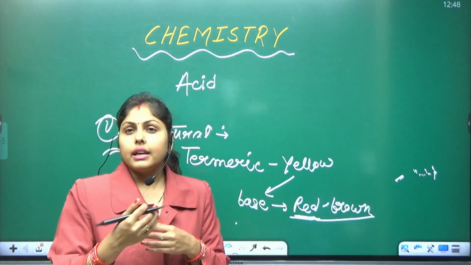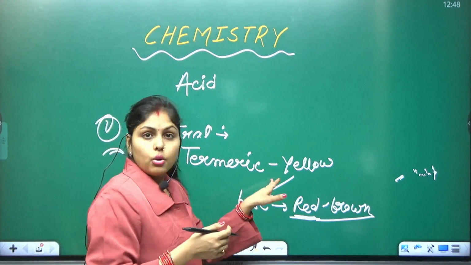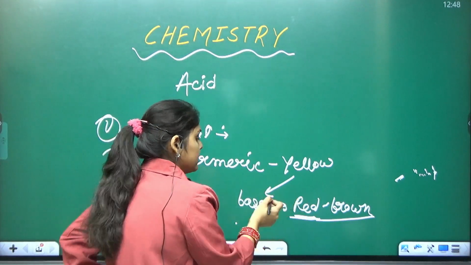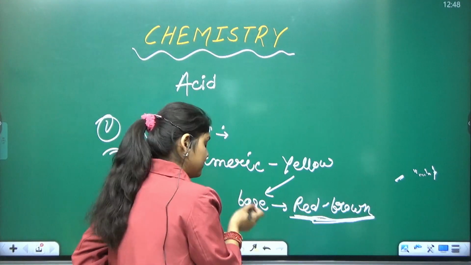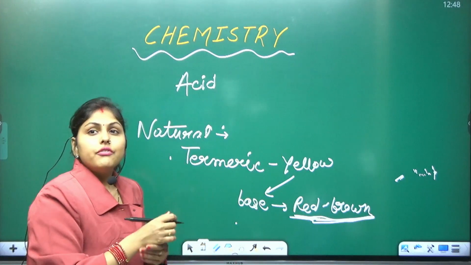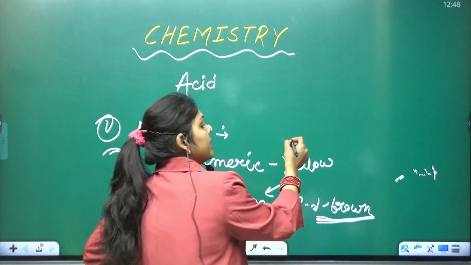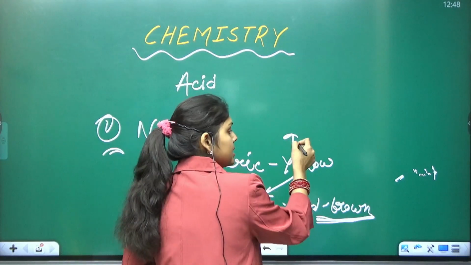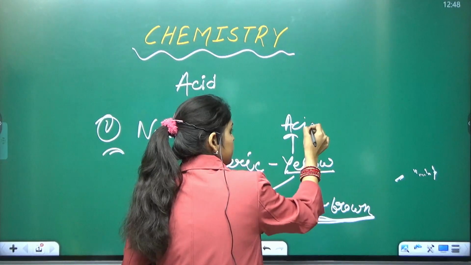After rinsing again with water, it changes back to yellow. So this red brown color is because turmeric is an indicator, and on treating with base it is converted to red brown. It remains in its own color when we add acid to it.